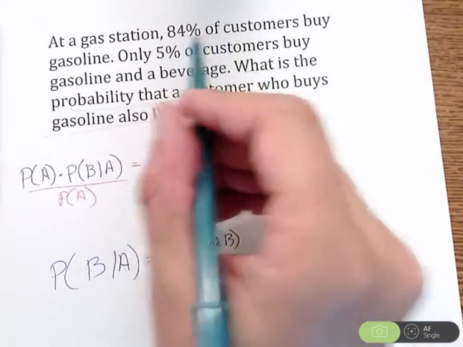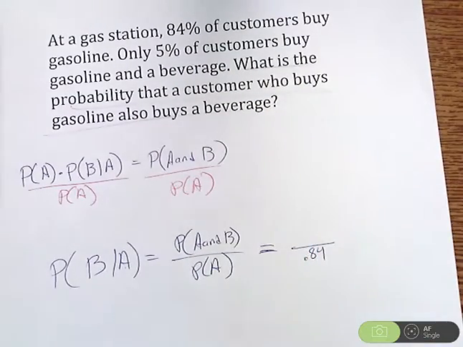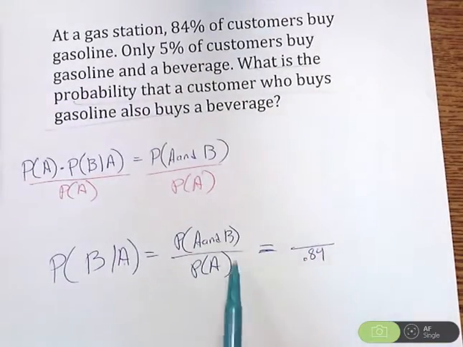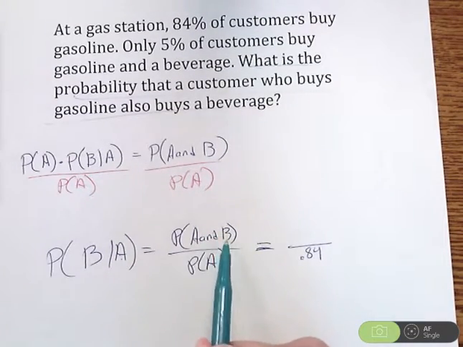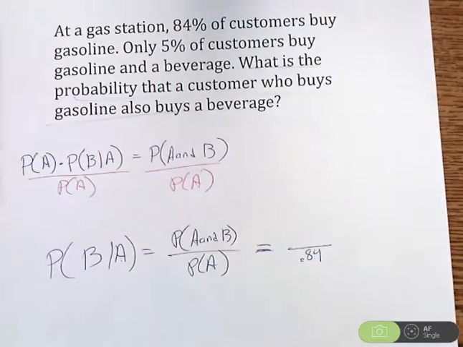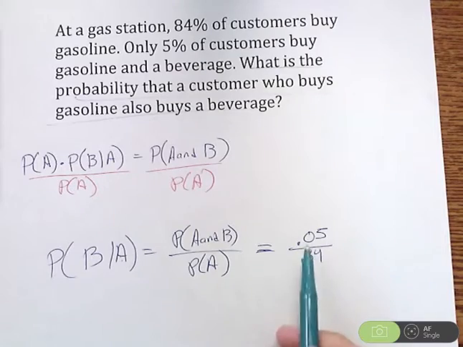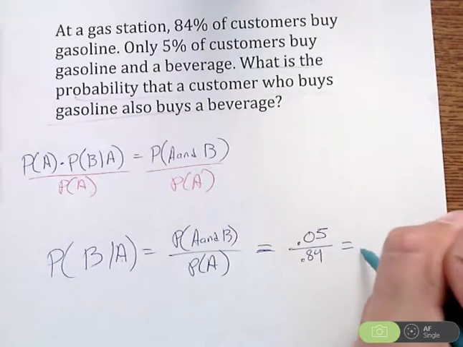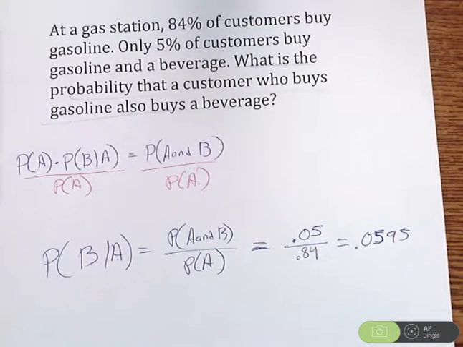In the problem it says 84% of customers buy gasoline, so we're going to divide by 0.84. On top we need the probability that they got gasoline and a beverage. That was only 5% of customers, which is 0.05. When you take 0.05 divided by 0.84, you end up with 0.0595 as that probability. And that was just a couple conditional probability problems.